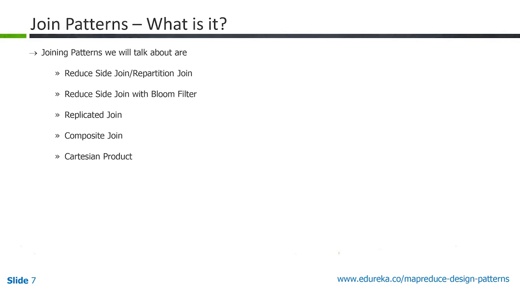And in the end, we talk about the Cartesian product, which is an M cross N kind of join, where if you have M records in the left table, you combine each of these records with everything in the table on the right, and that's how you do the Cartesian product.